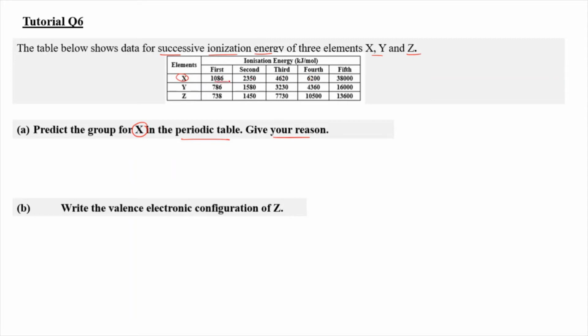As you can see here, the huge energy gap can be seen between the fourth ionization energy and the fifth ionization energy. So you know that from here, the fifth electron is removed from the inner shell or inner orbital.